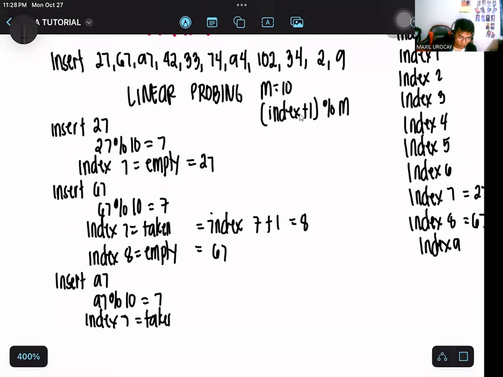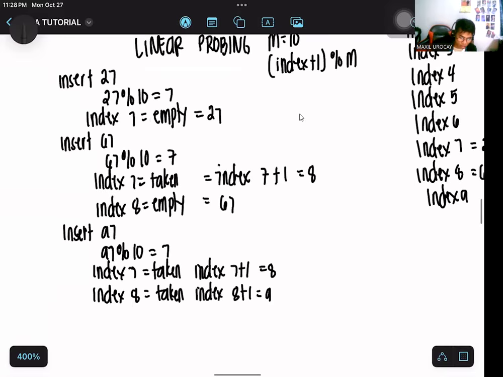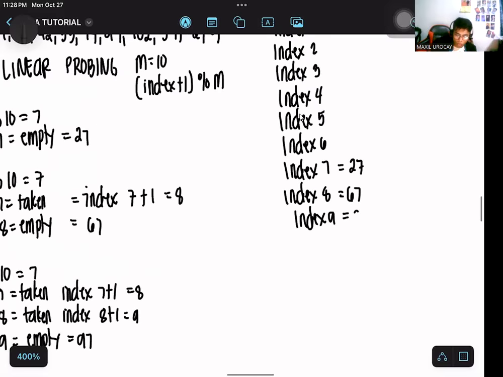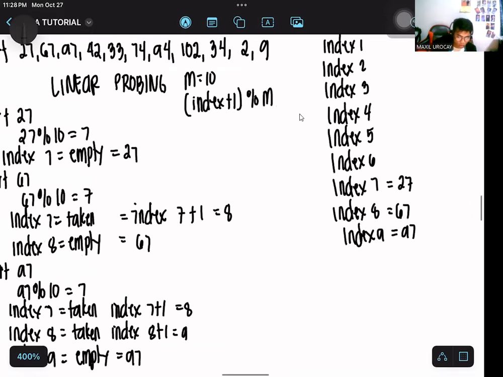So therefore, you will begin to deal with index 7 plus 1 equals 8. So index number 8 was taken, and index plus 1 equals 9. So checking index 9, index number 9 is empty. So therefore, we can allocate definitely 97. So 97 will be stored over here. So that's how you will organize that one.